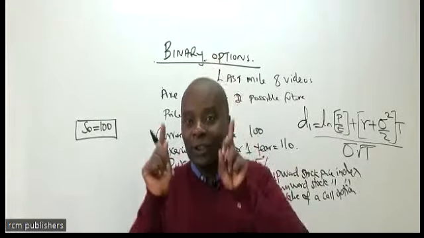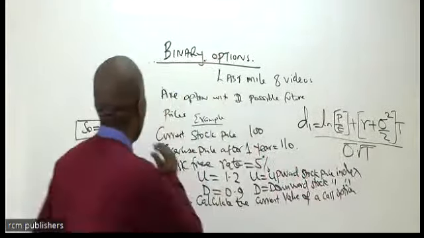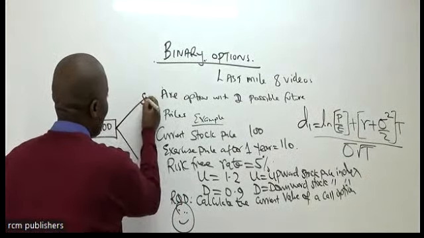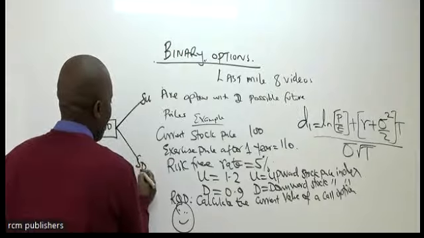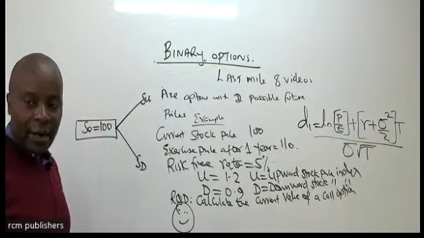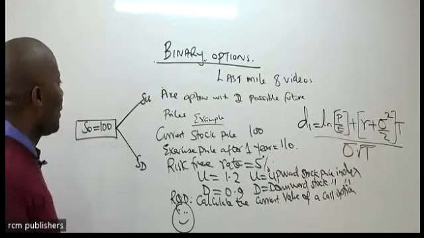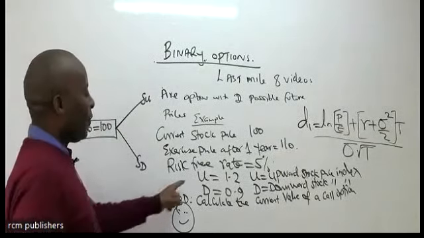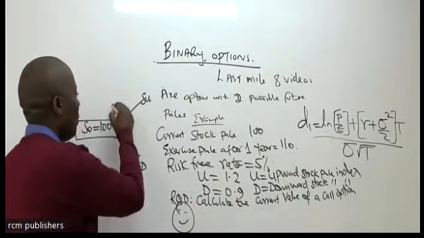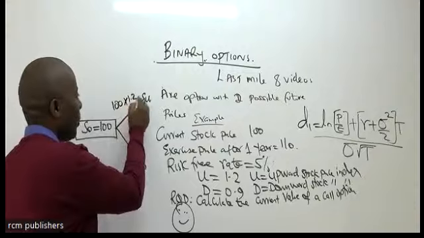In the future, there are 2 possibilities: S upward and S downward. They have given us the upward index. You take the index and multiply it with this, so it will be 100 times 1.2.